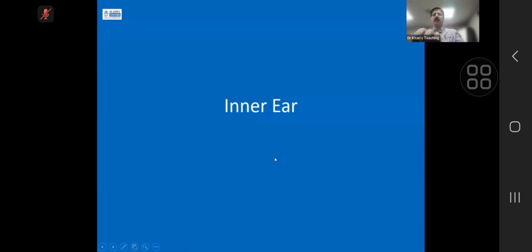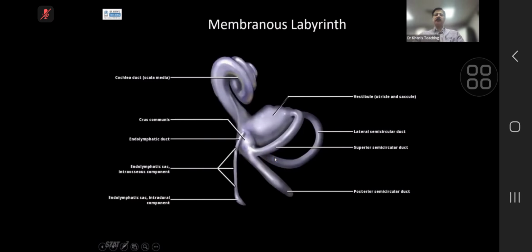And from here, a bit about the internal ear. I'm not at all going to go into the details of the internal ear, which is beyond our curriculum. But please remember that the internal ear has an exoskeleton which is bony. We call it the bony labyrinth.